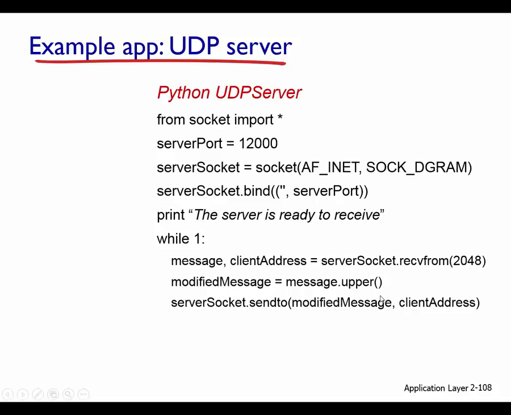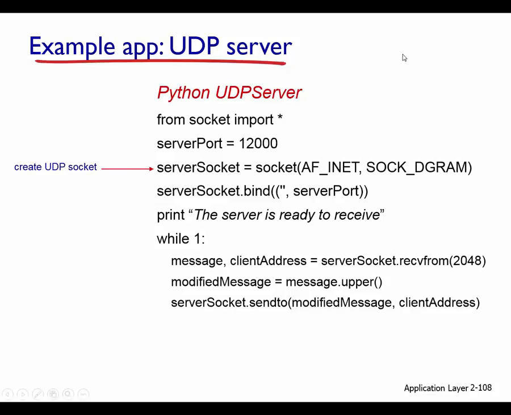We can use the upper command to change the message to uppercase and assign that new value to modified message. And then we use the sendto structure to send modified message, and we use client address to specify where we're going to send the message to.